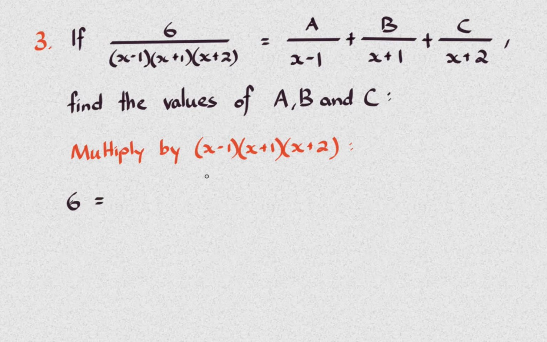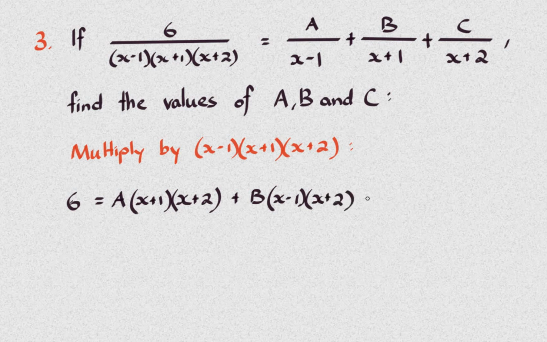And now on the right-hand side, we have a. The x minus 1s will cancel, but we still have x plus 1, x plus 2. Then we move on to our second fraction that involves b, and here the x plus 1s will cancel, meaning that we are left with x minus 1 and x plus 2.